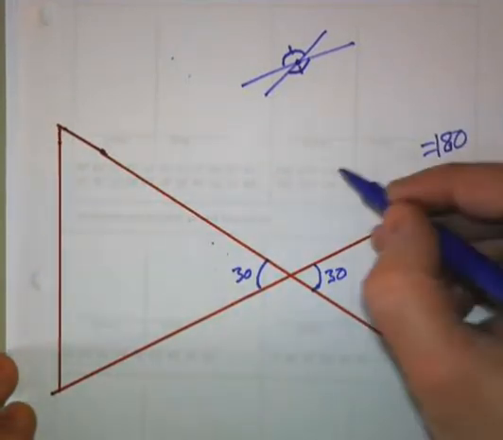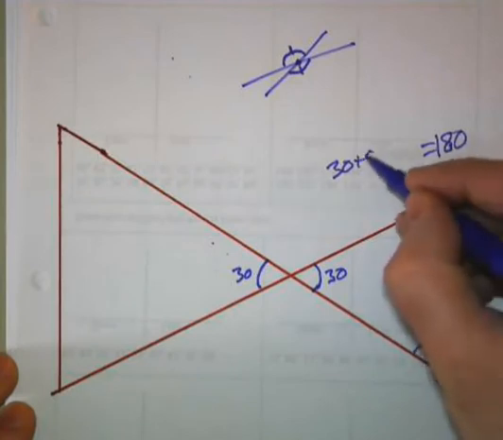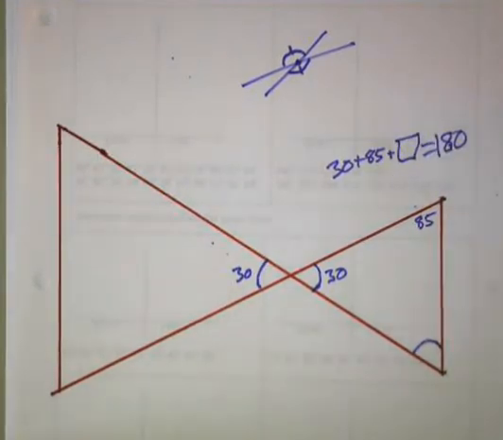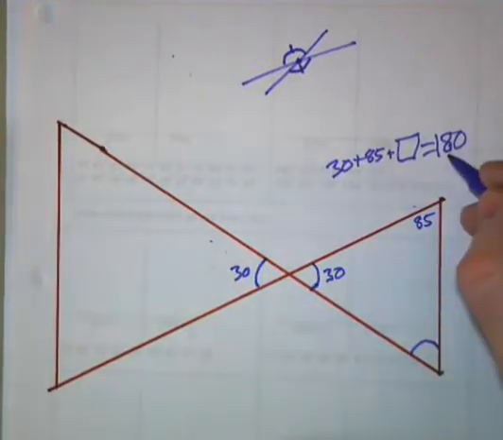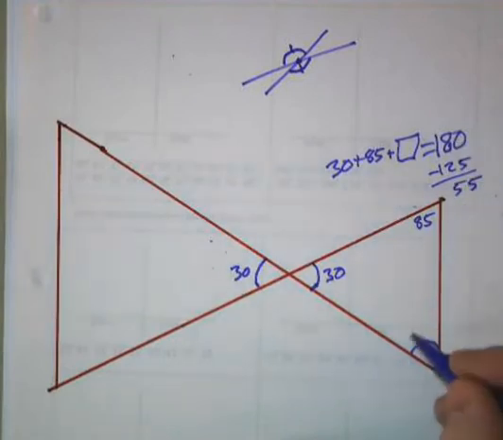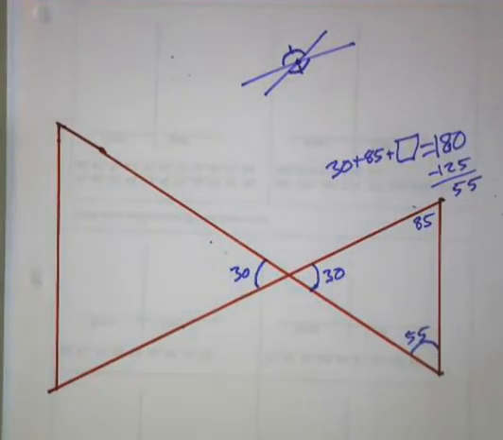So 30 plus 85 plus the mystery number equals 180. So now from there we can find what our other angle is. 30 plus 85 is 125. 180 minus 125 is 55. So our third angle there is 55.